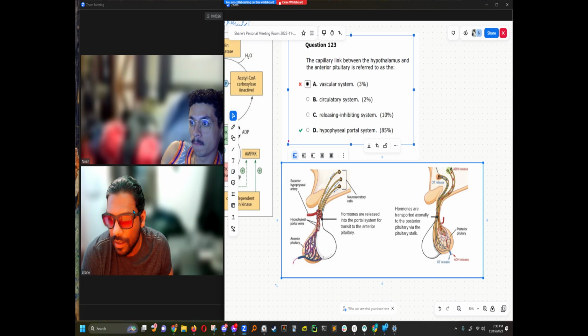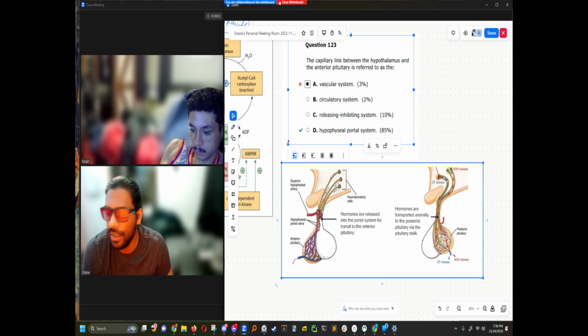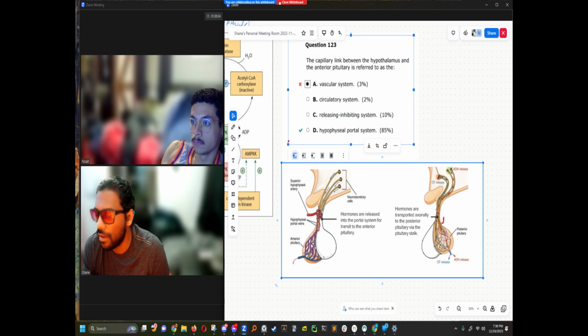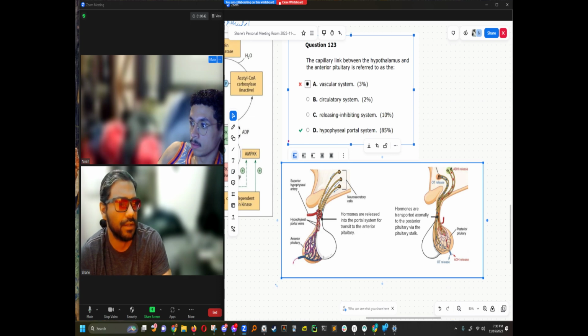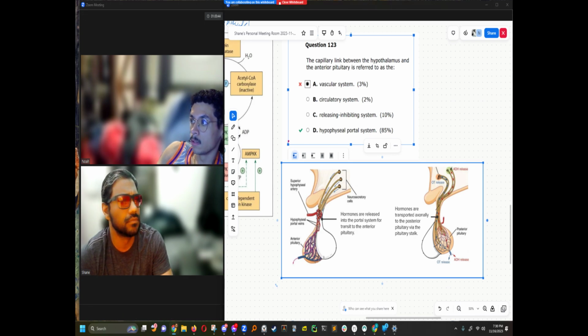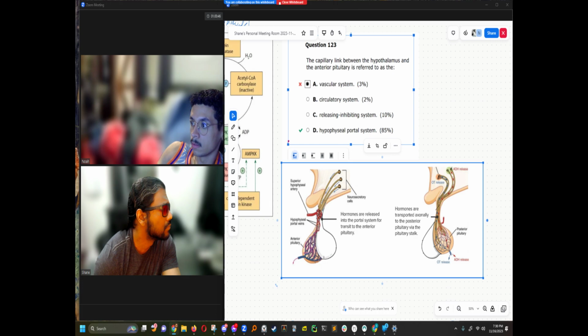But when things get transferred from the hypothalamus into the anterior pituitary, it does so through the blood vessels. Okay. Got it. All right, so that makes sense.